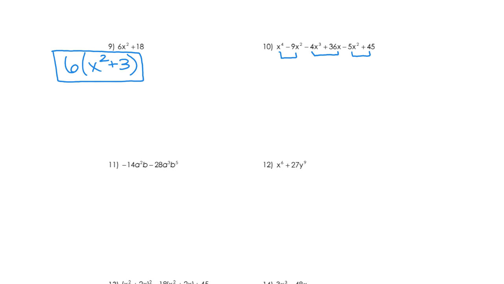Out of the first group, we can go ahead and pull out x squared. Leftover would be an x squared minus 9. Out of the second group, because that's negative, we have to pull out a negative, and 4 goes into 36, so we're going to pull out a 4 and an x. Leftover would be an x squared minus 9, in order to get, when we distribute, that positive.